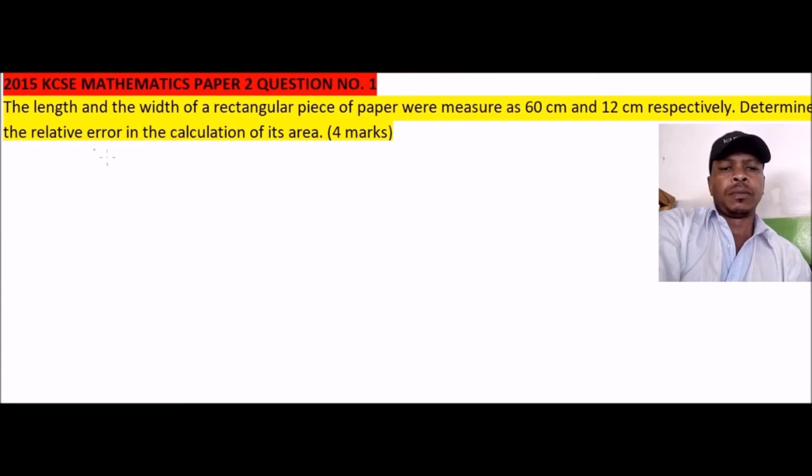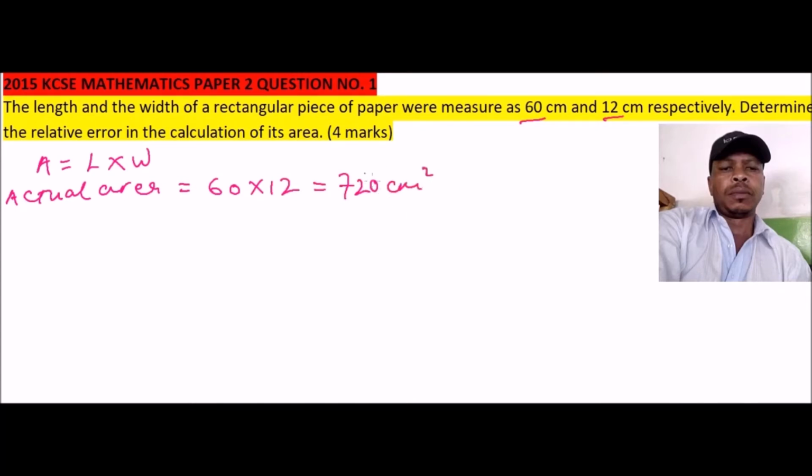Now, tunajua area ya rectangle inakuanga area is equals to length times width. So, kwa sababu tumepewa length na tumepewa width, tunaweza sema actual area itakuwa 60 multiplied by 12, na hiyo itatupatia 720 centimeter squared.